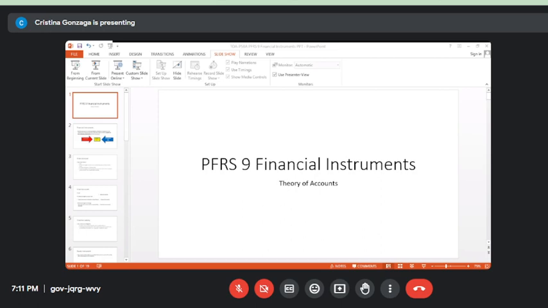However, when you classify it at fair value through OCI, wala nang alisan doon. It will be permanently classified as such. Hindi na pwedeng i-recycle yan sa fair value through profit or loss later. Gets nyo?